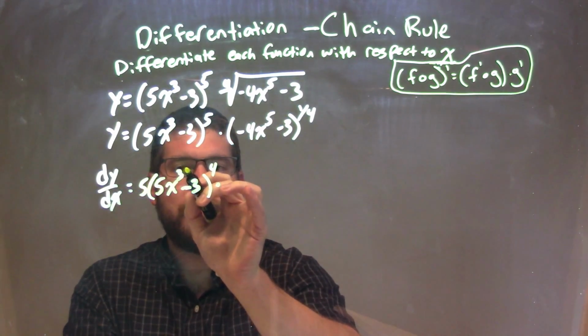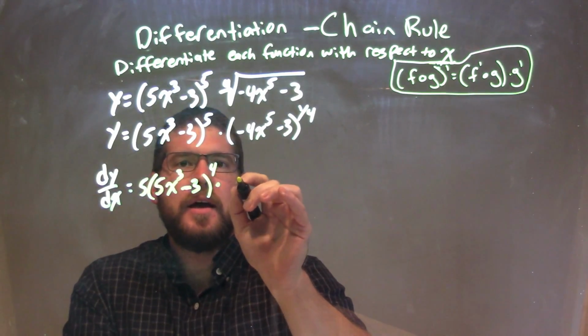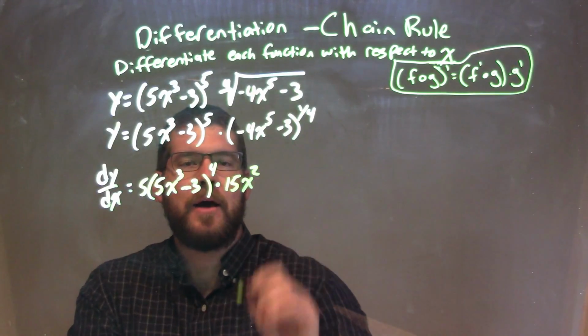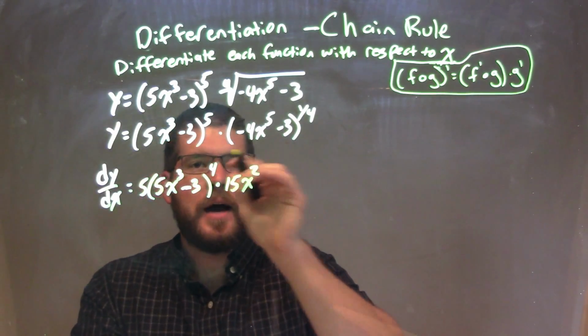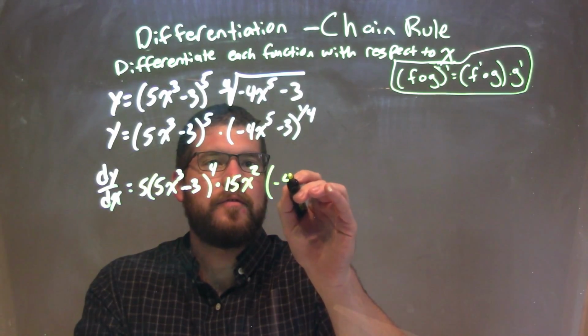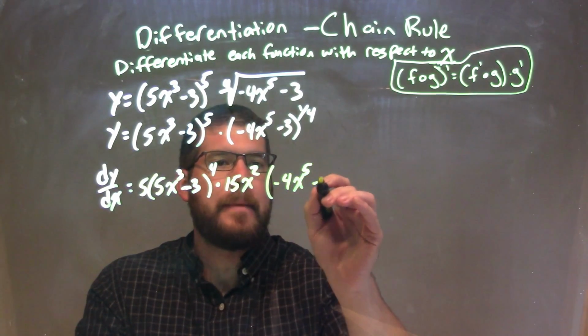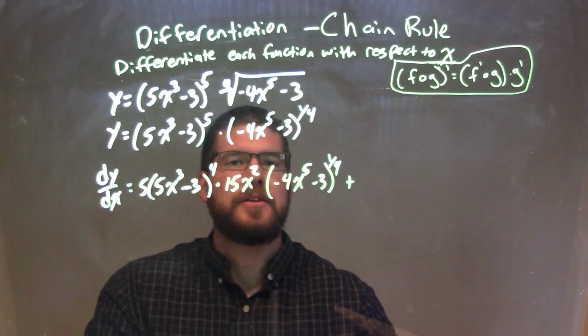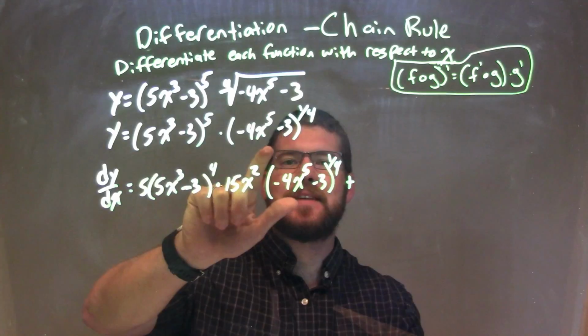So this here, derivative of that part, use the chain rule. And so that's going to be 15x to the second power. And then we're going to times that by the second part, which is just negative 4x to the fifth minus 3 to the 1/4 power. Then we add that to the derivative of my second part right here.